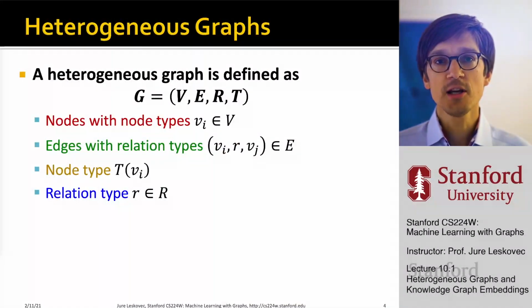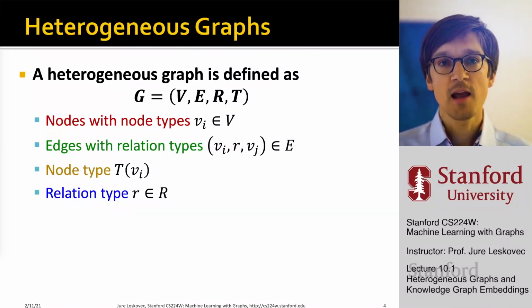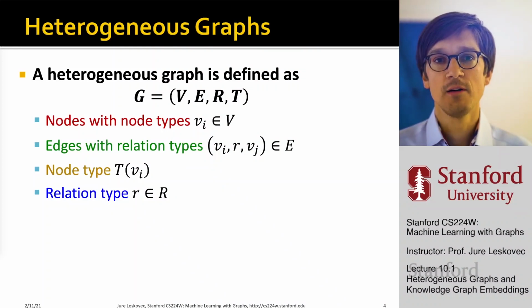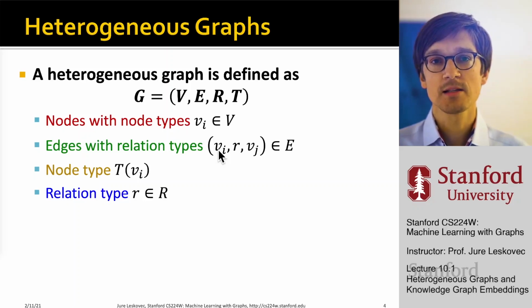So a heterogeneous graph is defined by a quadruple. It's defined by a set of nodes, we'll call them V. Nodes could have different types. It is defined by a set of edges that connect different nodes, and each edge has a different relation type. So this means that an edge is now a triple that says node i is connected to node j via relation r.